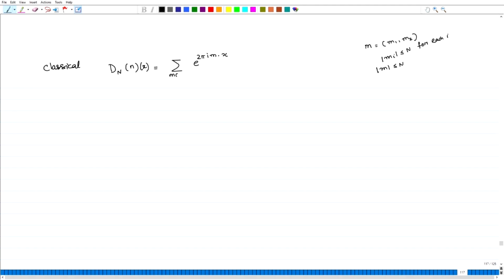If m varies over Z^n and |m_i| is less than or equal to n, that is our classical Dirichlet kernel, and then we will call the other one the spherical Dirichlet kernel.